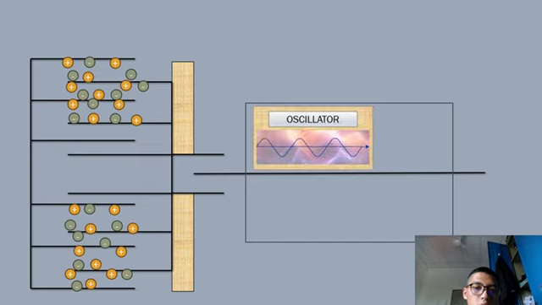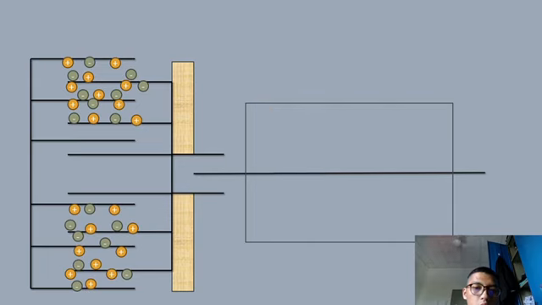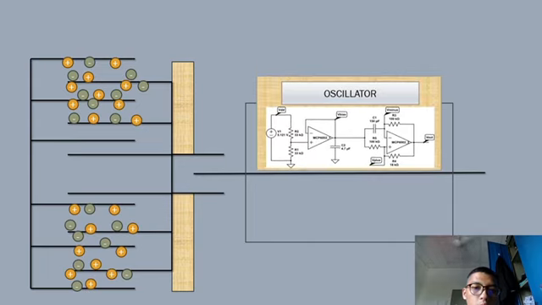So here's the oscillator. This is the detail of the oscillator circuit in the capacitive sensor.